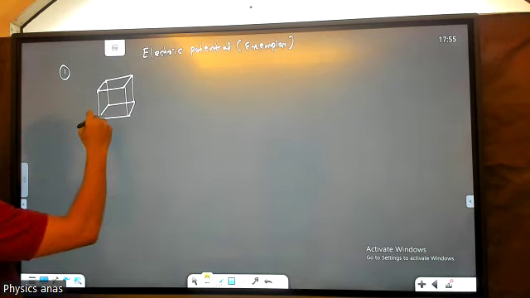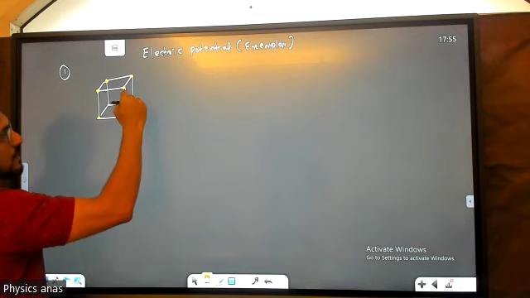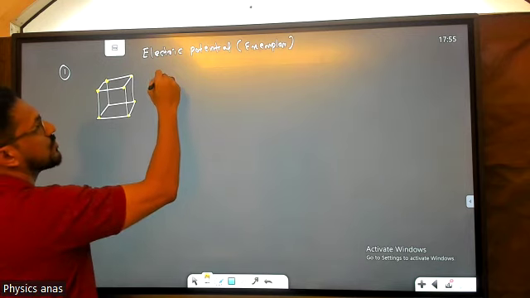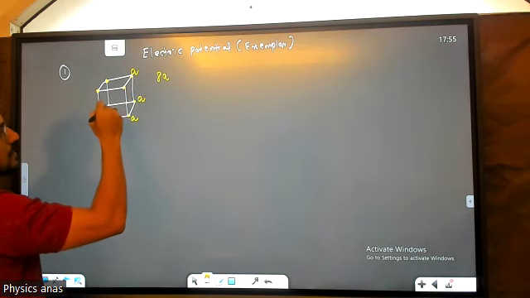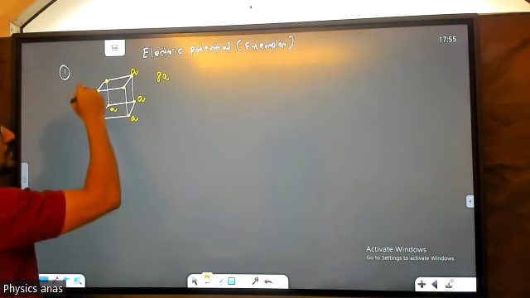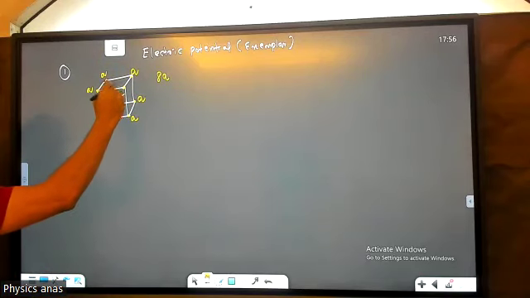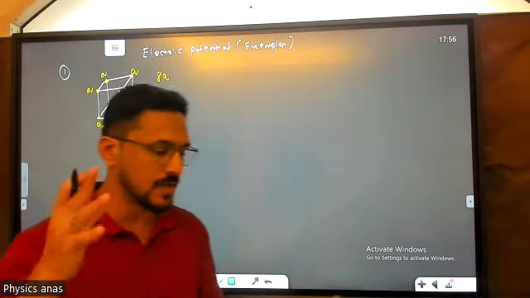That means there will be one charge at each vertex. There will be 8 charges, 8 Qs. This is the setup they are asking for in the question.